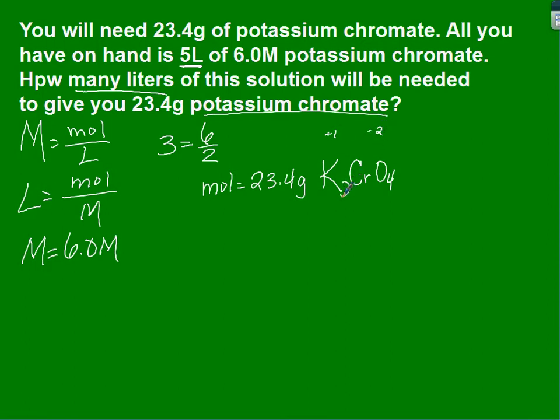So that means potassium chromate is K2CrO4. Ta-da! Still doing chemistry. I've got grams of potassium chromate, and I've got moles of potassium chromate.